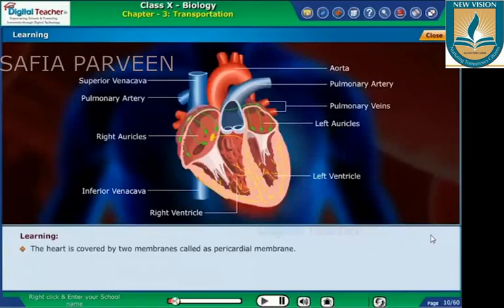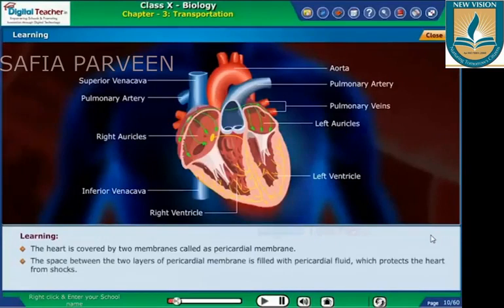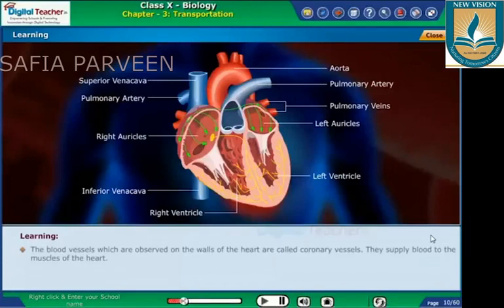Between the pericardial membranes, there is a fluid called pericardial fluid. The space in which this pericardial fluid is present is called the pericardial space. This pericardial fluid and pericardial membrane together protect the heart from shocks. Additionally, the rib cage is there to protect the heart from any external damage.